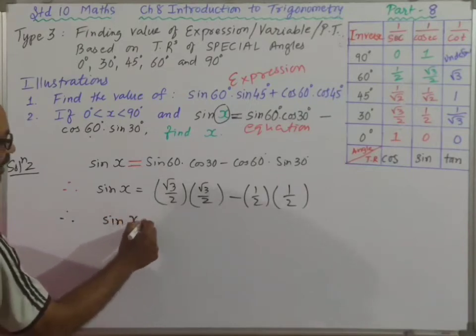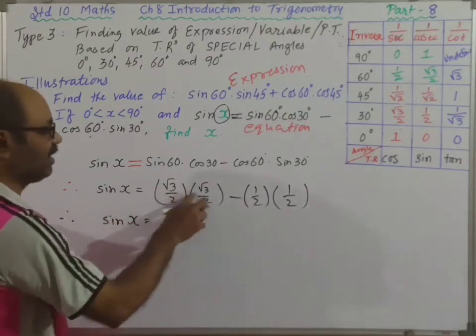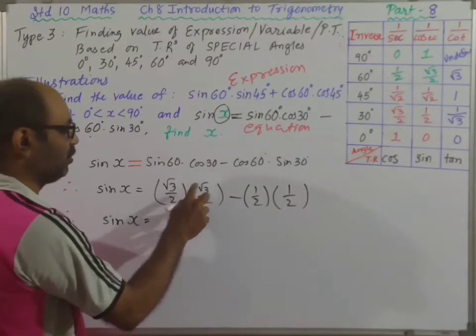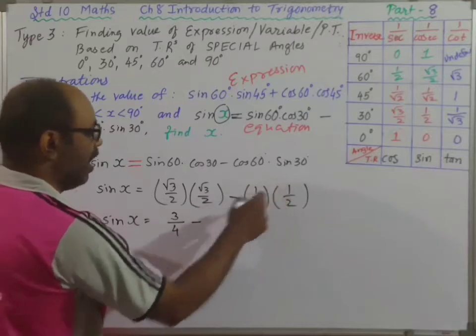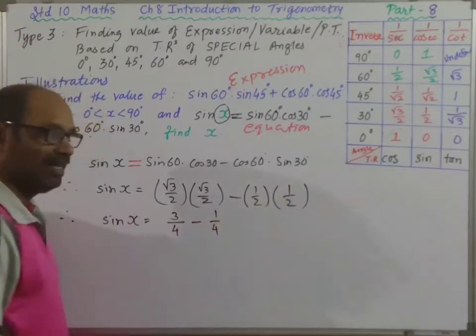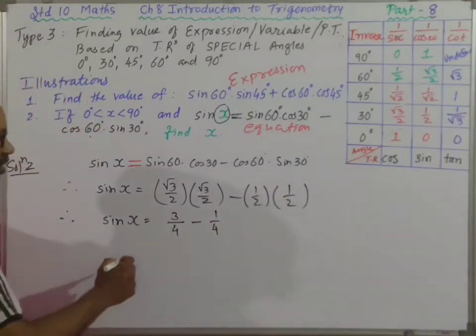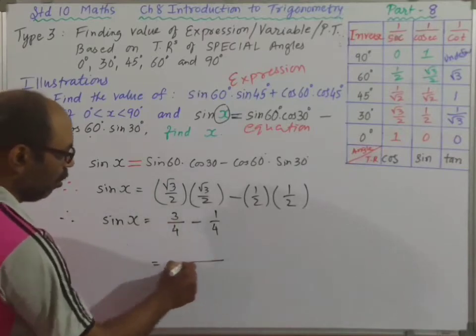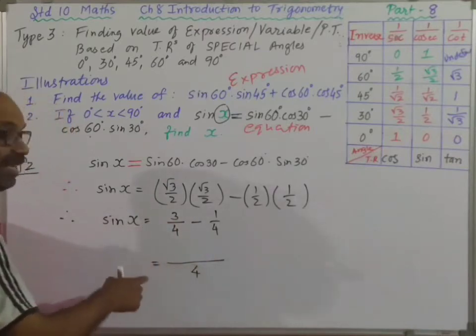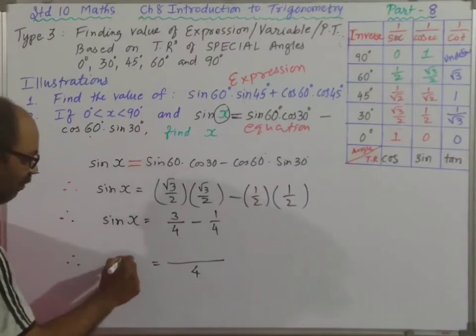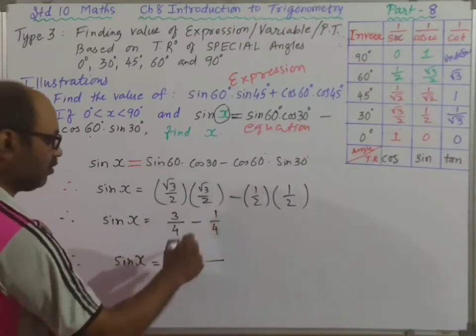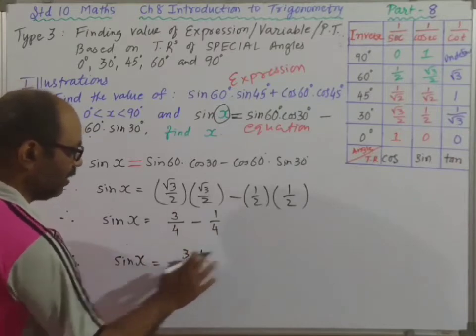Sine of x is equal to. Yes, this can be multiplied. Nothing cancels, but root 3 into root 3 is 3. 2 2s are 4. Minus 1 into 1 is 1, upon 4. Once again, we are lucky to have this whole denominator. See, I wrote equal to below equal to. I did not write therefore, I skipped it. Or if you want, you can write therefore sine x is equal to, straight away 3 minus 1.